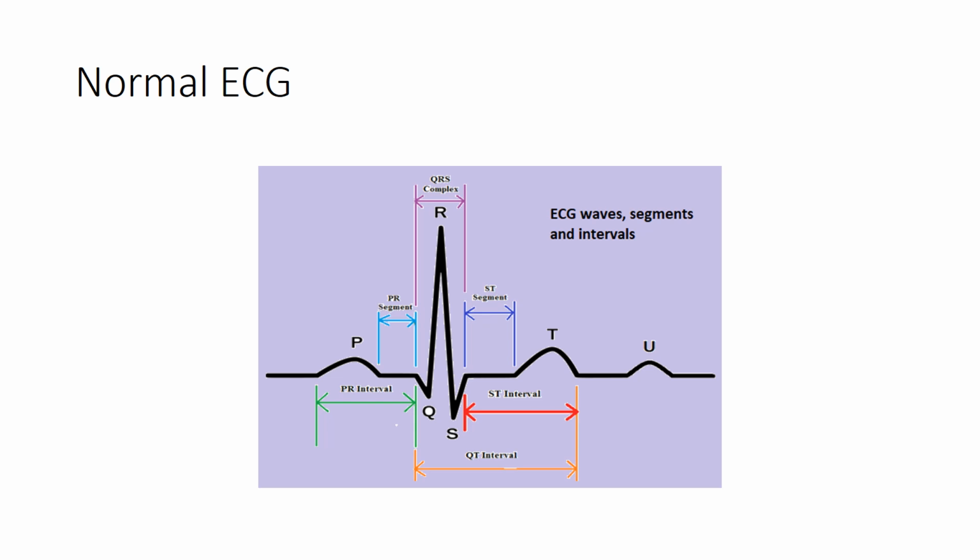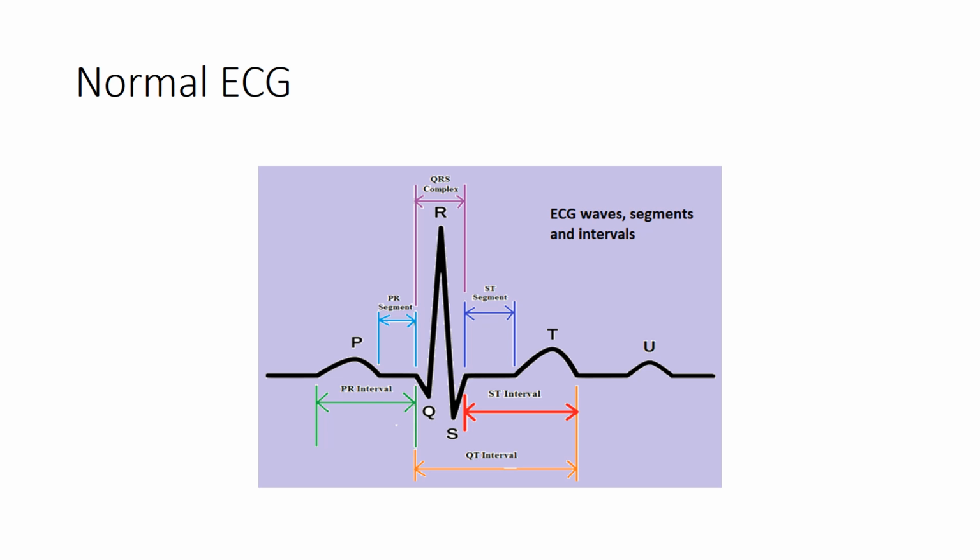The first wave during cardiac cycle is the P wave, which reflects atrial depolarization. It is followed by PR segment, and then is the QRS complex, which reflects ventricular depolarization.